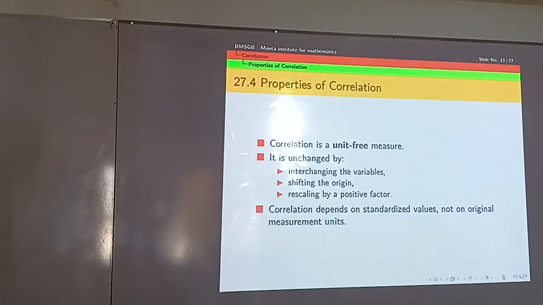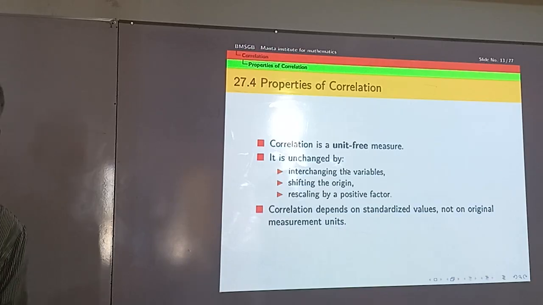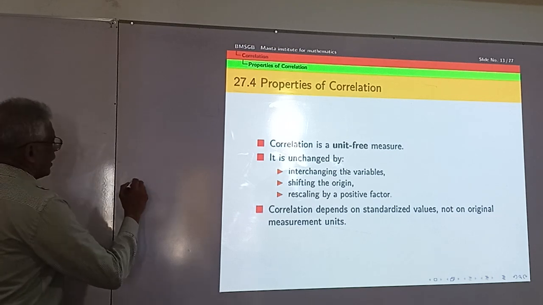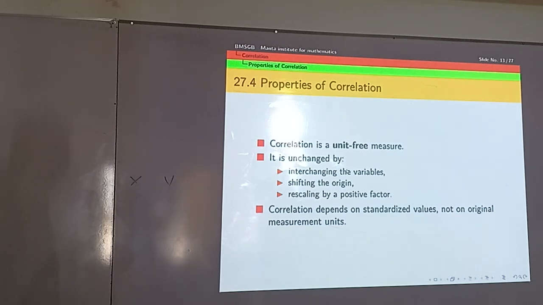And also, for example, if you transform your x value and y value using a linear transformation, right? If you calculate the correlation coefficient between x and y, you will get some value.